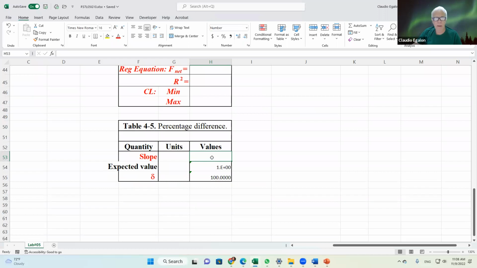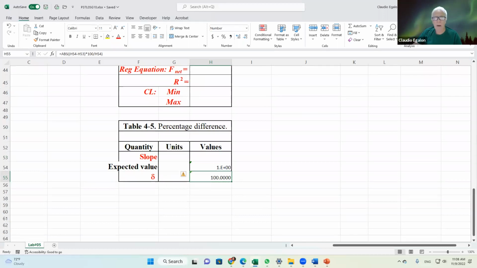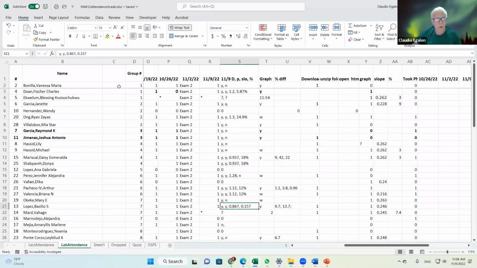Oh, yeah, that's right. You type the slope here, and then once you type the slope here, you're supposed to get the percentage difference. Okay, so I'm gonna put a question mark here for the slope, and then I'm gonna put n, right, that you didn't get the percentage difference yet, and then in the next round I ask you again. Okay. 23%. Okay, 23%. Yeah, this one is a little bit high, right?